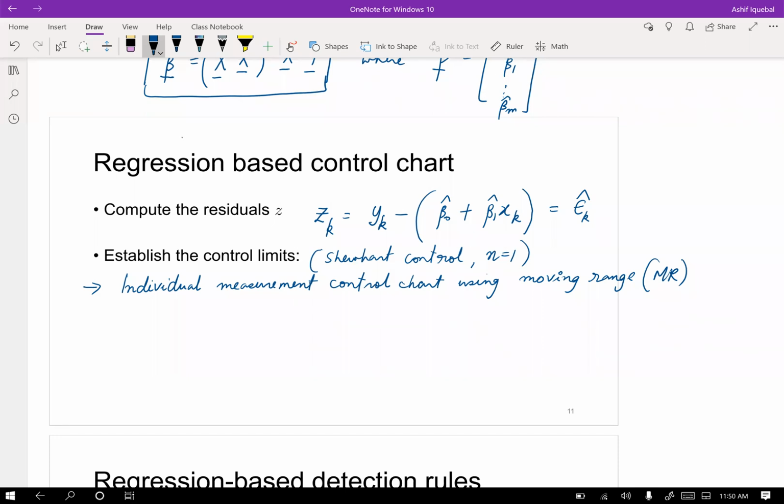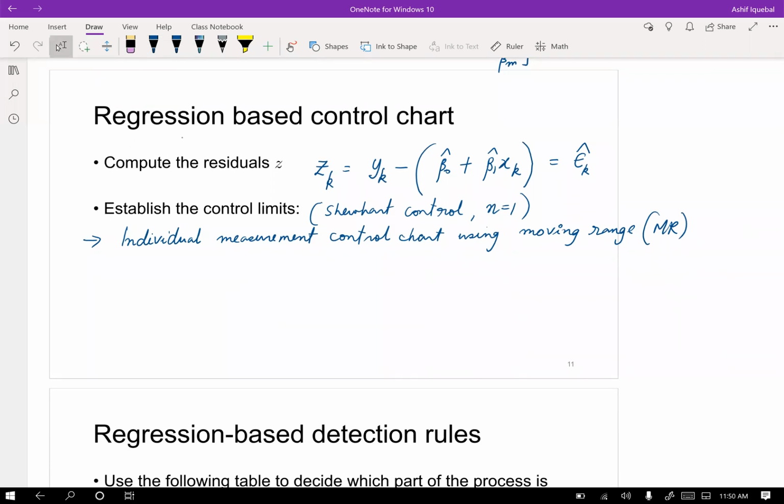So I'll just write down the formulas here quickly for your reference. N equals 1, so we can calculate MR bar as 1 by m minus 1 summation of MR i, individual moving ranges, i equals 1 to m, and then MR i is equal to Zi minus Zi minus 1, right? This was your moving range.